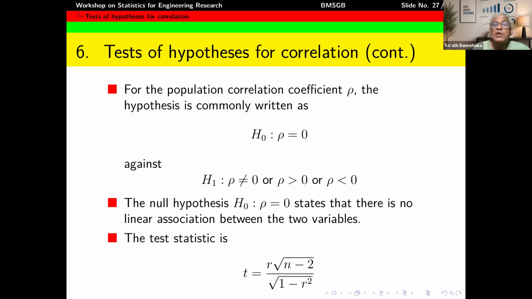So you are testing whether rho is equal to 0 versus the alternative, maybe rho is not equal to 0, or whether rho is positive or rho is negative, depending on what you really want to test, right? This one is called the null hypothesis. The null hypothesis H naught: rho equal to 0 states that there is no linear relation in the population between the two variables.